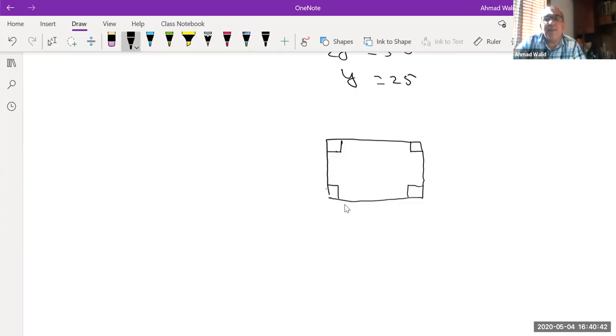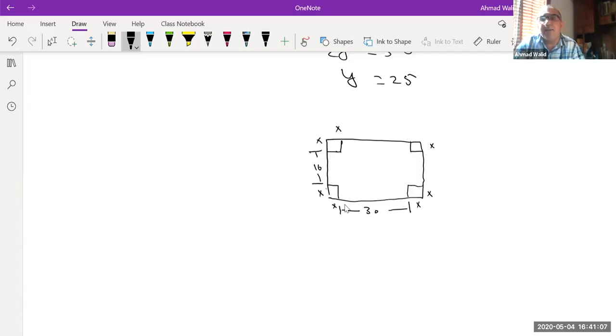The sides are given like this to you. It's 30 inches from here to here, it's 16 inches from here to here. And you have to cut by X amount to make a box, right?